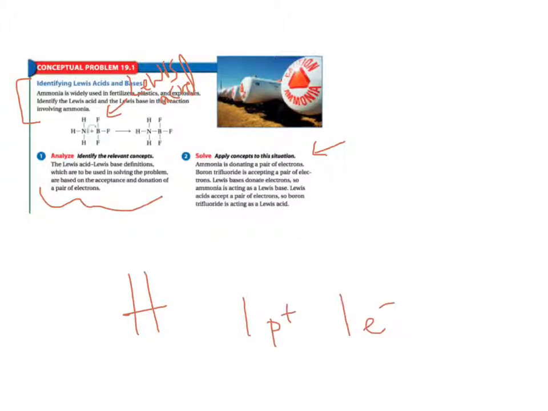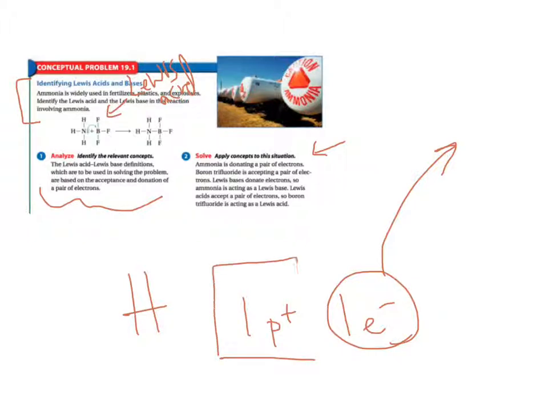Now, if it gets rid of this one electron right here, all you have is this one proton. That's all that is left. So when you think about that, to say that hydrogen is a proton donor or an H plus ion producer, it makes perfect sense. So get that in your head and keep it in there.